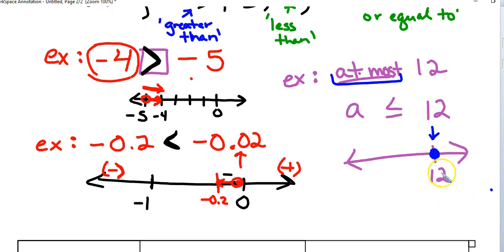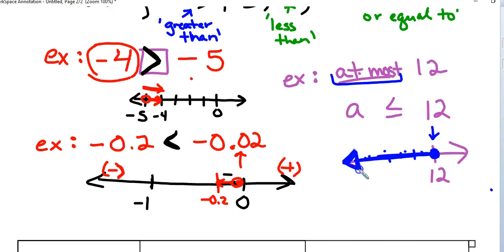So notice the closed circle. What are the other ages? We said 10, we said 8, we said 2. Okay, where are those on the number line? All of those other possible ages are to the left side of 12. So rather than putting dot after dot after dot all over this number line, we just put a straight line.